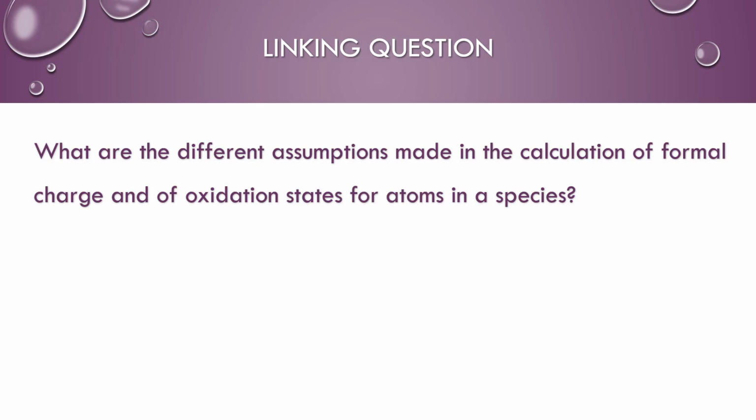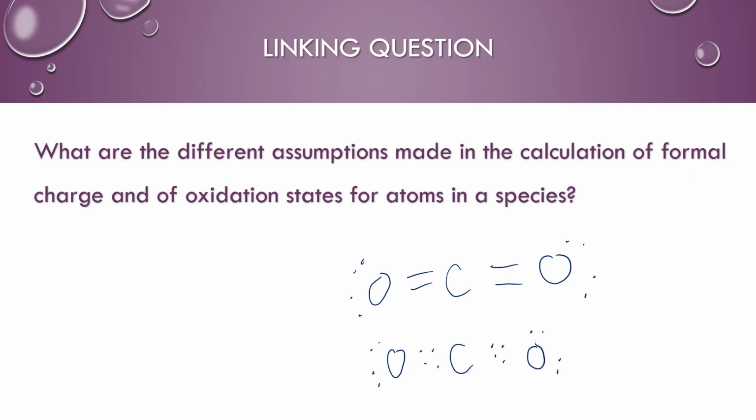So one thing when you're calculating formal charge is you are counting the normal number of valence electrons and the electrons that are assigned to it. So an assumption when it's talking about this is when you have a bond, right? Let's draw this using the actual electrons. Like this. There are 4 electrons being shared in both of those double bonds.